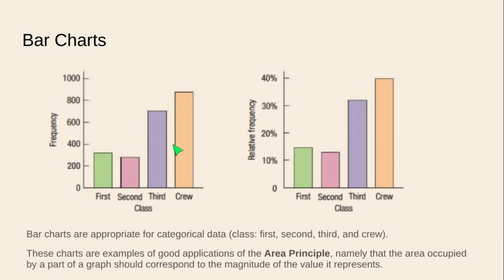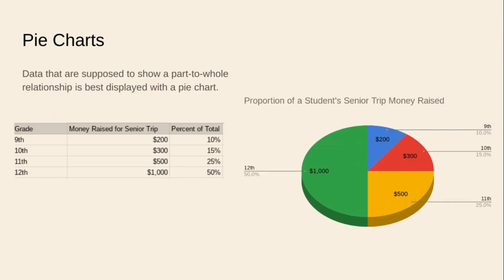But we expect the crew to be bigger than third by not as much, all right? So the size of the bar should correspond to the magnitude of the value it represents. That kind of seems like a well-duh sort of principle, but you would be surprised by how this principle is routinely and sometimes strategically abused in the way that people present statistics.